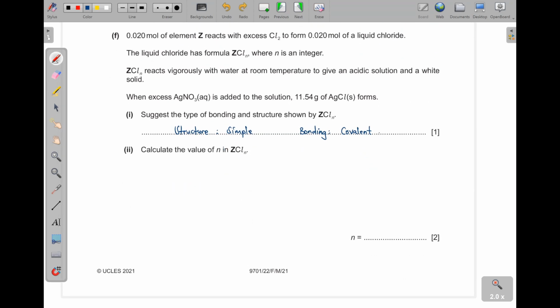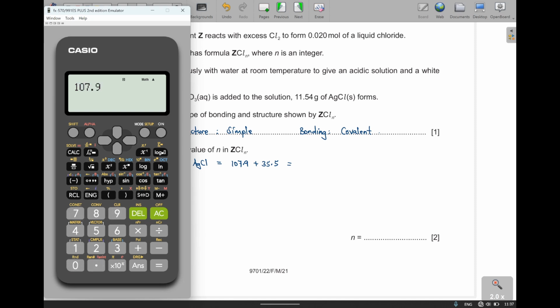So let's begin with the molecular mass of silver chloride, because they gave us the mass that is given off. Silver is 107.9, then plus chlorine is 35.5. When you add these, what do you get? 107.9 plus 35.5 is 143.4.